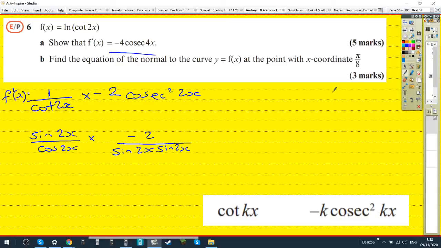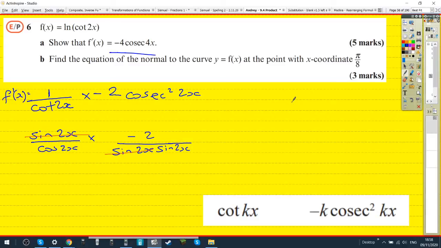Yep, simplify first. So sine 2x over cos 2x is tan 2x. I think this goes backwards. I think you can do that. Oh, alright, yeah. And is that minus 2 over cos 2x times sine 2x?